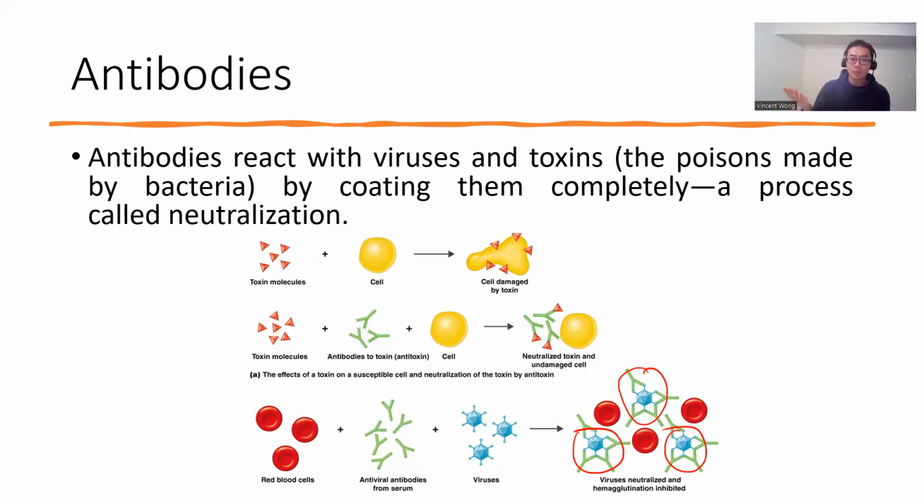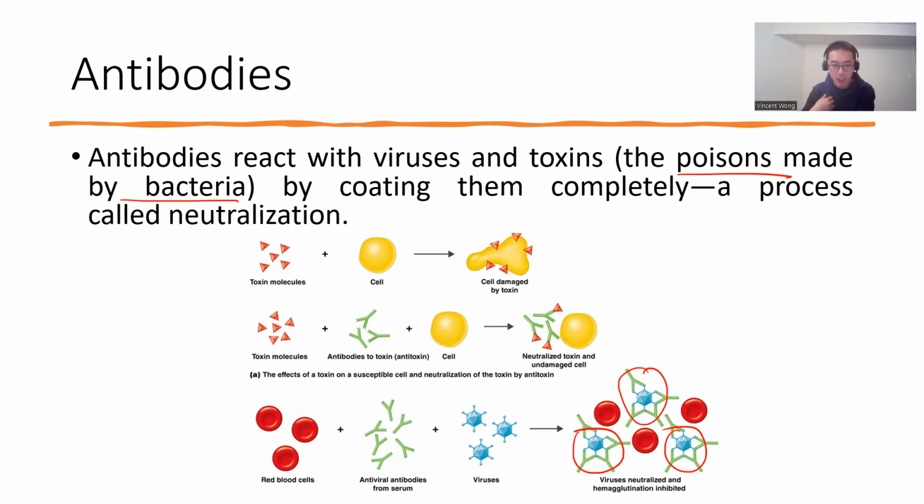It's also possible to neutralize toxins. Okay? Toxins are poisons that are made by bacteria. Okay, these things you can cook your food 100%, right? Well done, cook it and eat it, and you can still get sick from it because the poisons are not going to be broken down by the heat. Just because you killed off the bacteria, the poison might still be around, right?